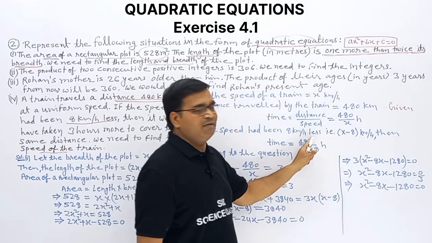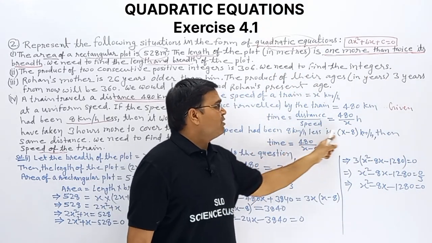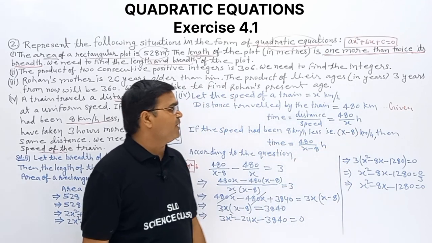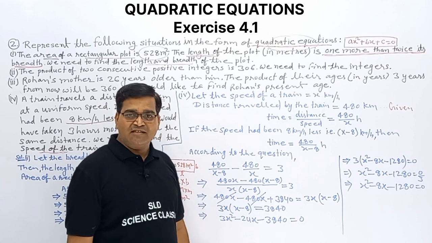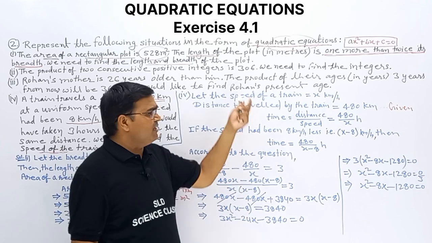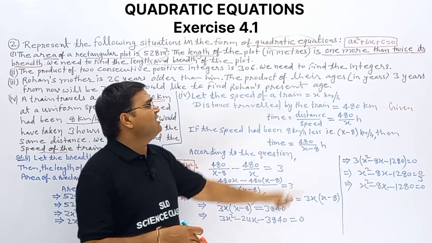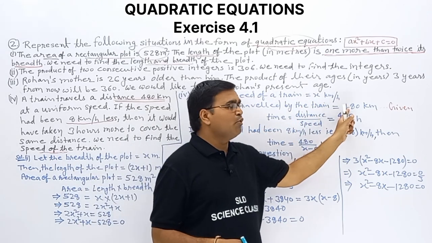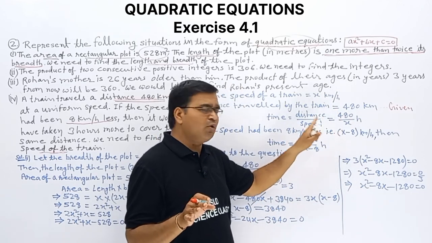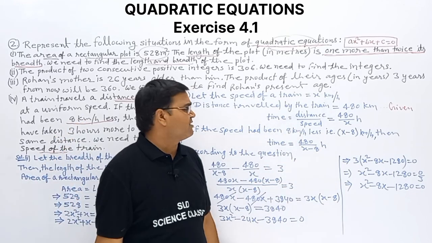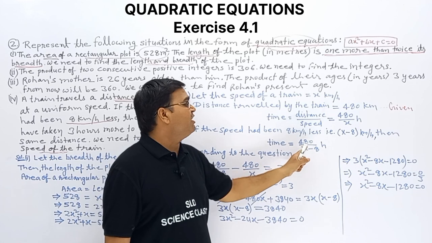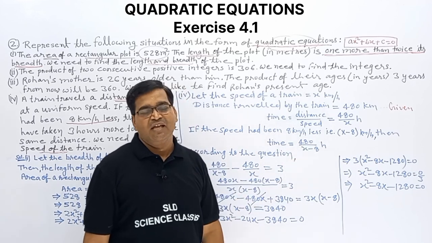Now the train is going with the speed of x minus 8 km per hour. Distance is unchanged, because in both cases the distance is 480 that we want to cross. We have the same distance, so distance will be unchanged, then time will be 480 upon x minus 8 hours.